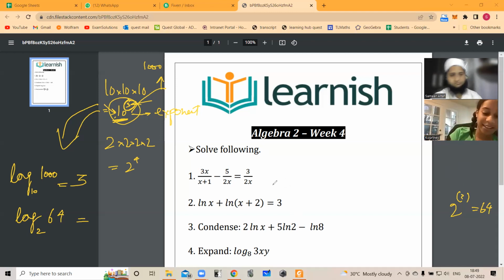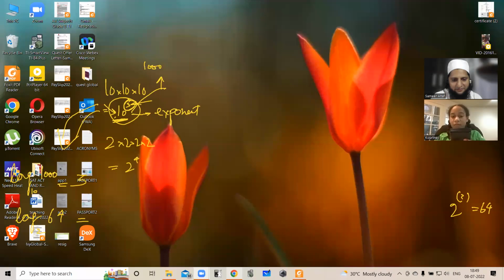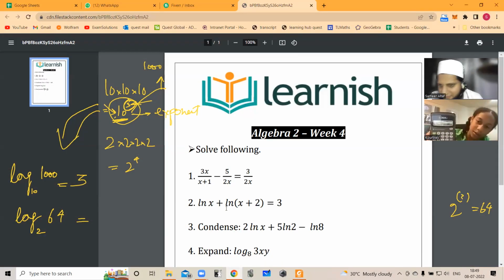Oh, 1 second. Sorry. No problem. You can go on multiplying 2 continuously on the calculator. Which calculator are you having? This one. Is it the scientific one? Yes.